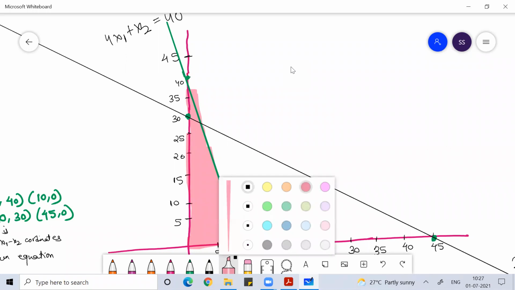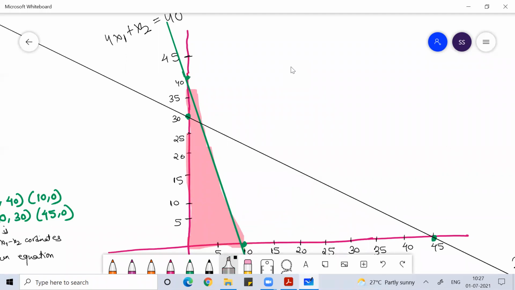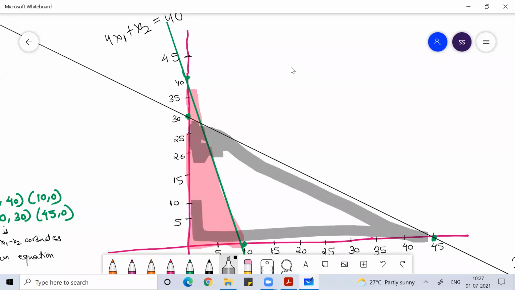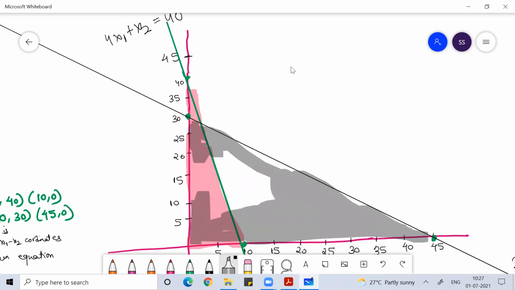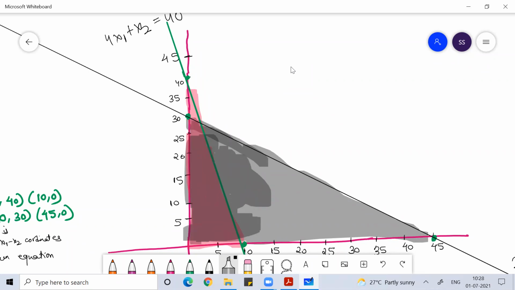Similarly, corresponding to the second equation, the area will be this. Can you understand this? Understood, everyone, right?